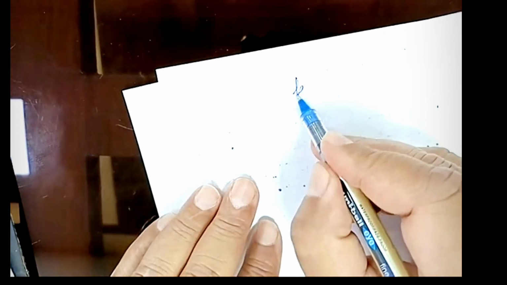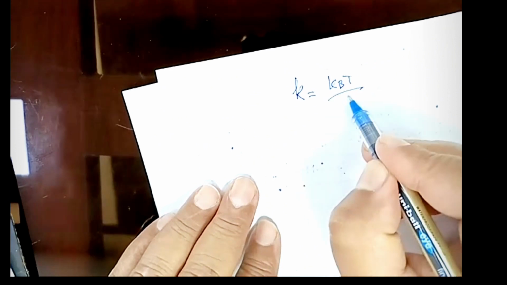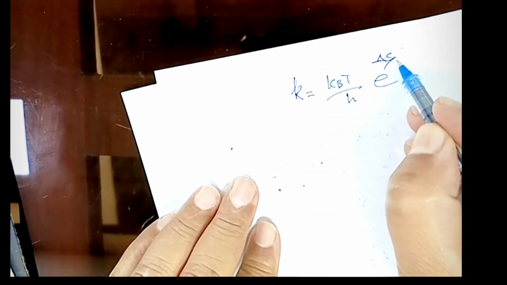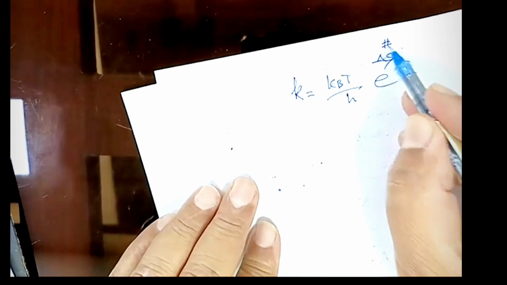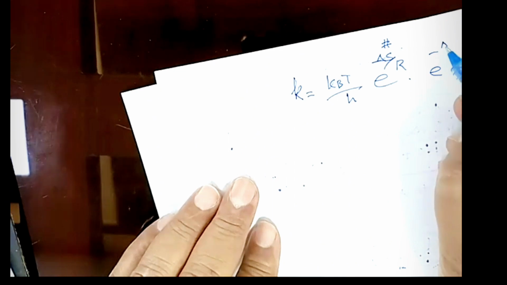So from the Eyring equation, I write the rate constant equal to kBT over h, e raised to the power delta S over R, into e raised to the power minus delta H over RT, for the activation state.